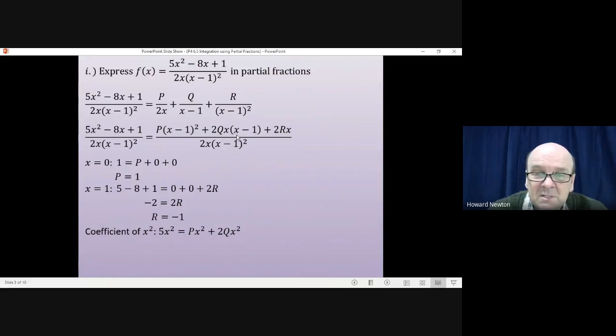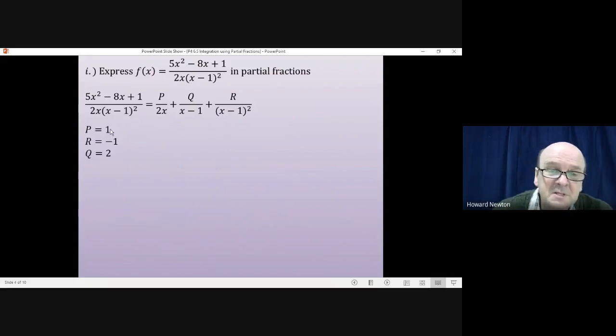We get 2 times x times q, so we get 2qx² there. And there are no x² terms in the final term. That means that 5 = p + 2q. p we know is equal to 1 because we've already worked that out. So 5 = 1 + 2q. That means 2q = 4 and q = 2.